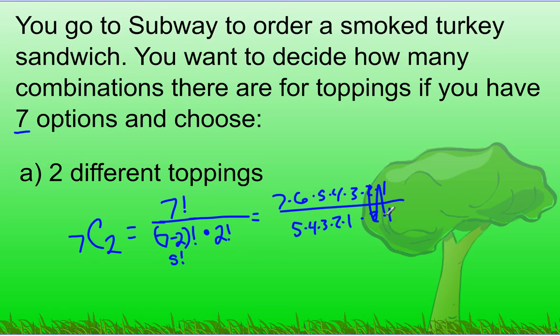So the 2's and 1's cancel, 3, 4, 5, 3, 4, 5. You're left with 42, that's 7 times 6, over 2 times 1, and simplified you get 21. So there are basically 21 different ways you could get 2 different toppings put onto your sandwich if you have 7 choices. There, 21 combinations.